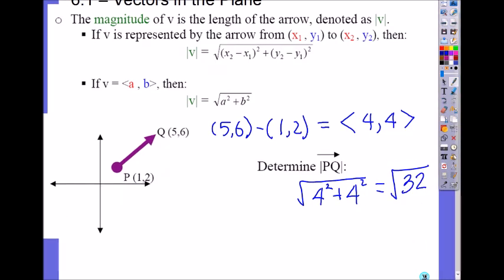Think of any perfect square that goes into 32. If it was non-calculator, you should know how to simplify a radical. So what perfect square goes into 32? 16 times the square root of 2, isn't it? The square root of 32 is the square root of 16 times the square root of 2. So what is the square root of 16? 4, and you get 4 root 2.